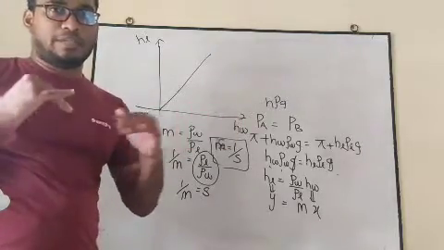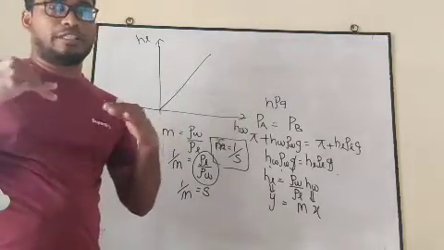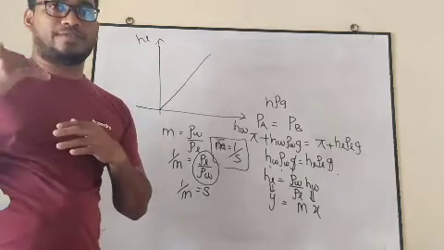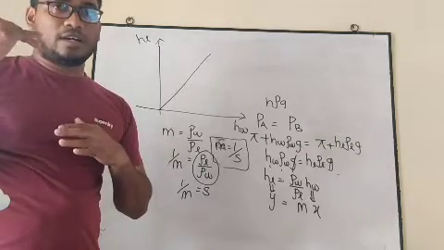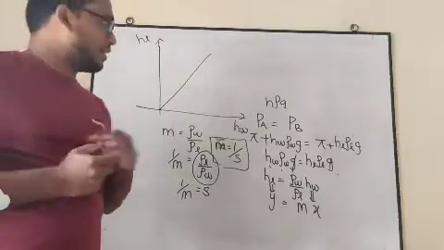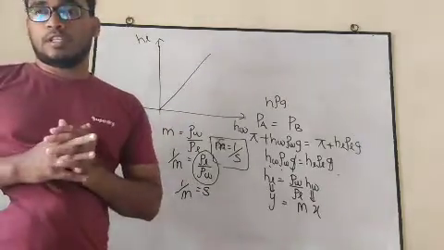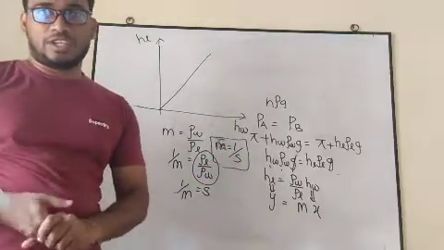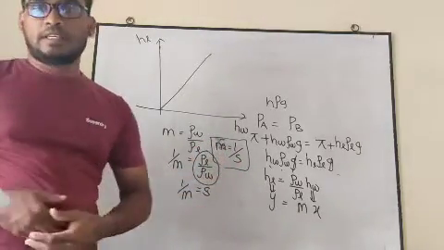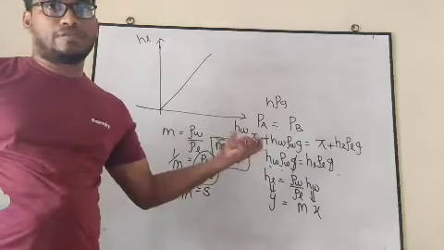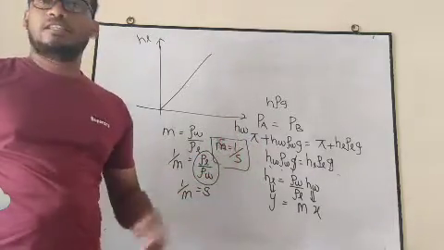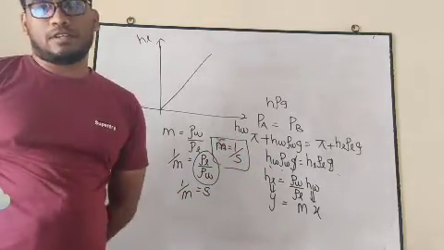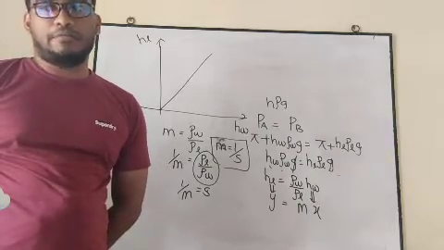So all liquid lengths are taken from the common interface. We can find the relative density using this graphical method, and if you know the gradient of the graph, you can easily find the relative density. These are the important things and main points.